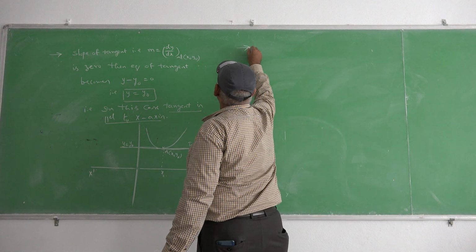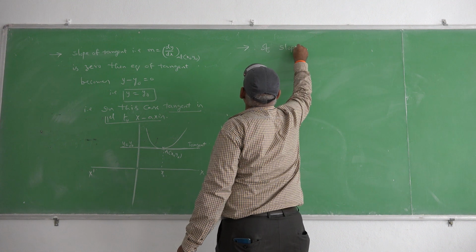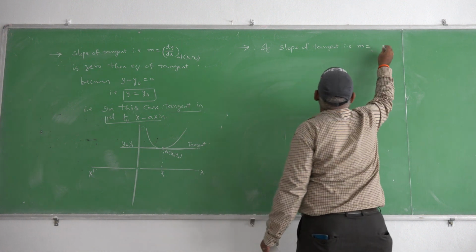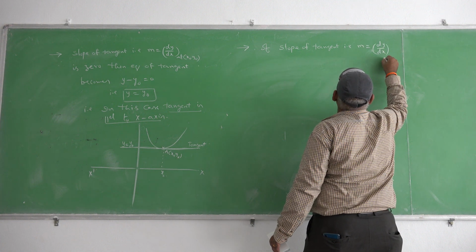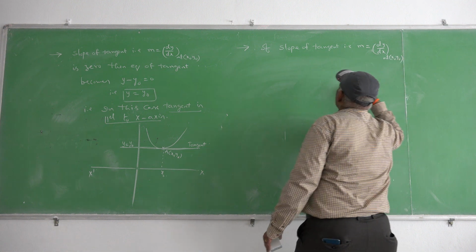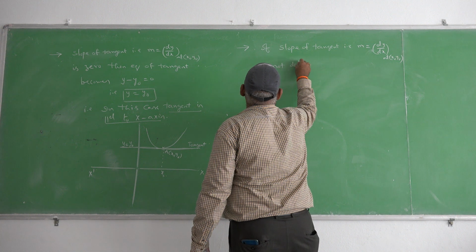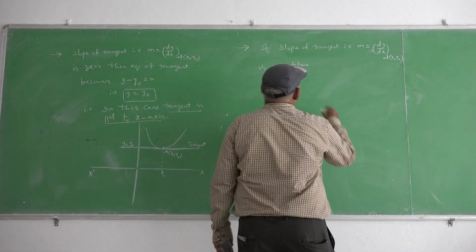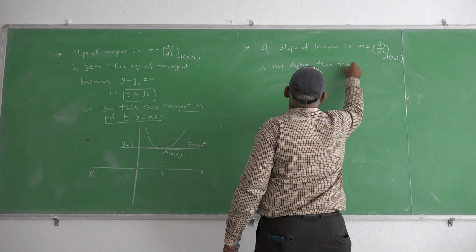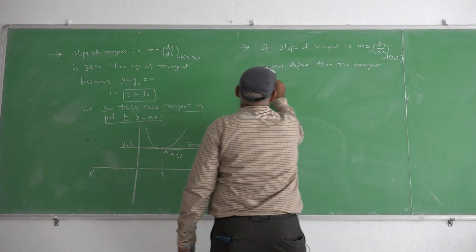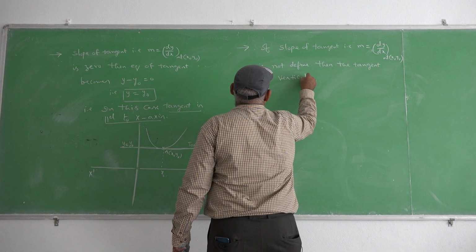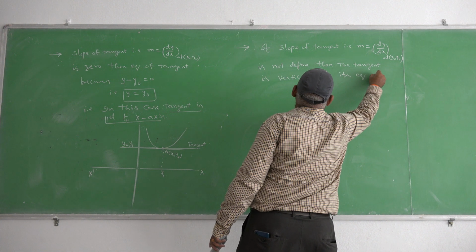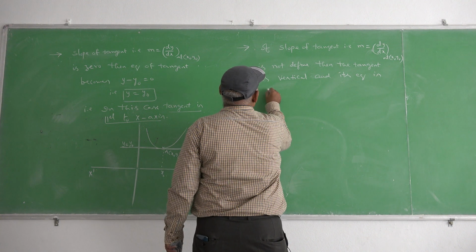Similarly, next point. If the slope of the tangent, that is m, equal to dy by dx at x naught, y naught, a given point, is not defined, suppose it is infinity at that point, then the tangent is vertical and its equation is x equal to x naught.